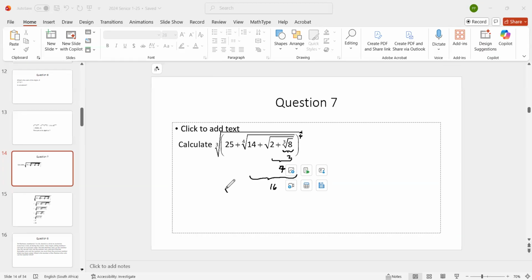So this is 25 plus 2, which is 27. And you're asked to work out 27 to the power of 4. So this is the cube root. I told you in the beginning that this is raised here, 27 to the power of 4.